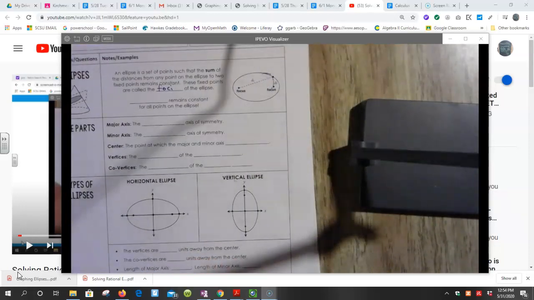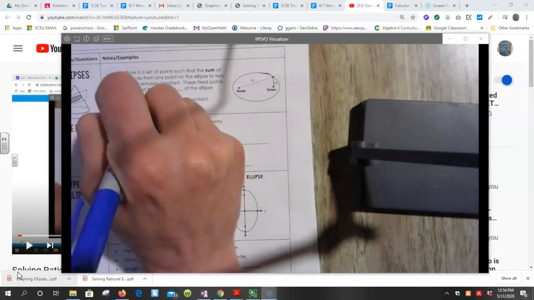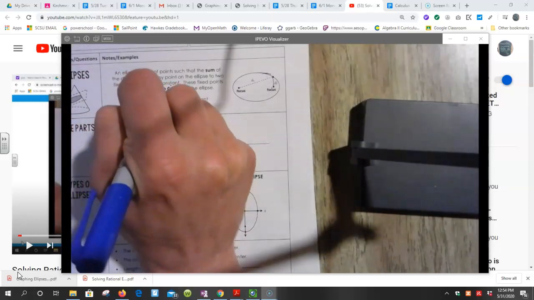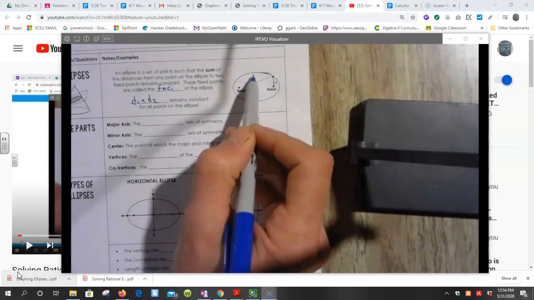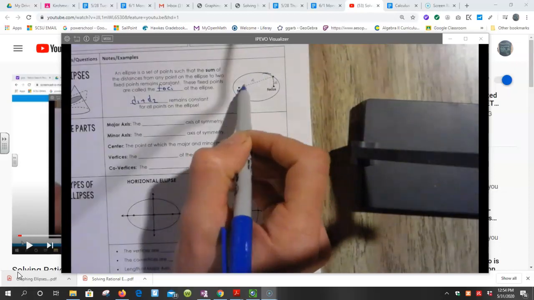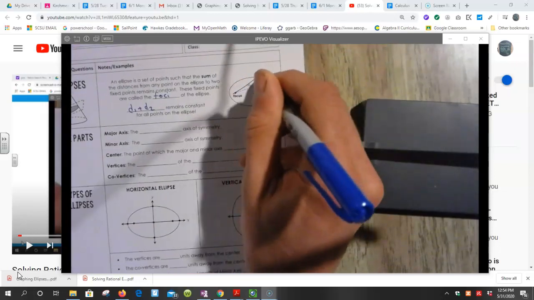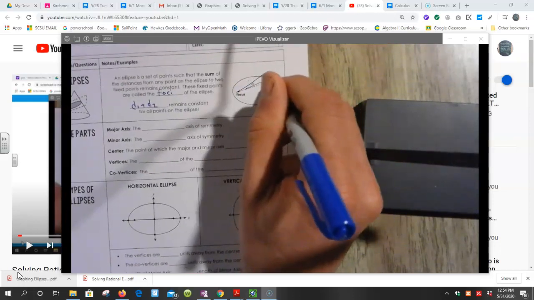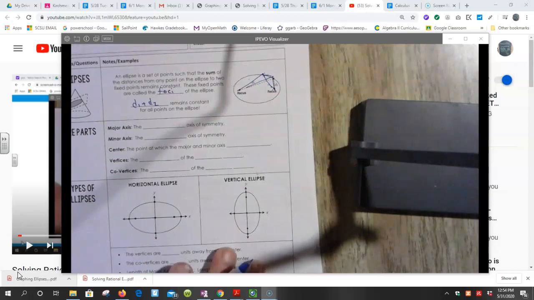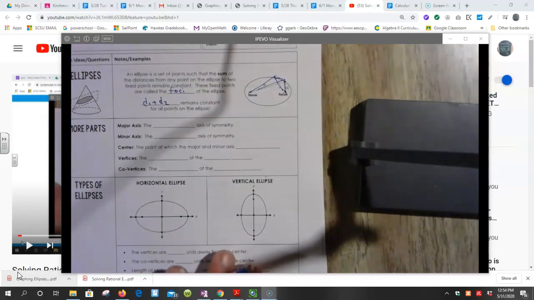And d1 plus d2 remains constant. Those are the two distances from the foci to a given point on the outside of the ellipse, and the sum will be the same no matter where we move. If I move over here, I'll have this distance, and that sum will be the same as this sum. So that's a very special relationship.